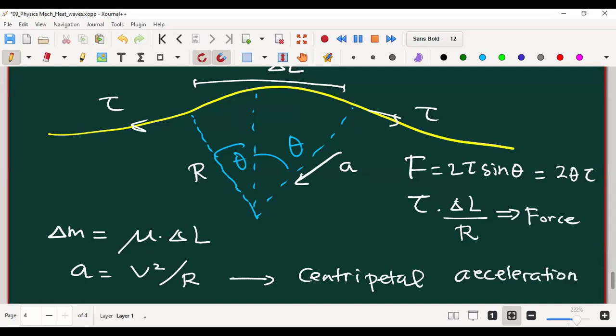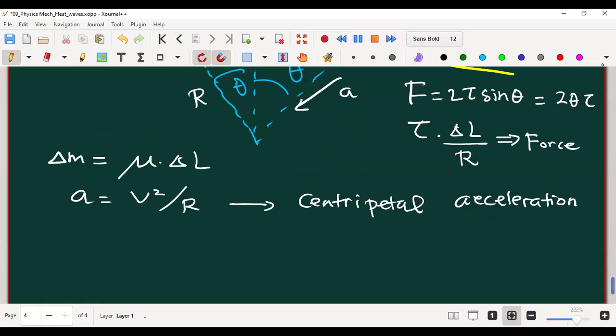And then we remember Newton's second law: force is equal to mass delta m times acceleration.